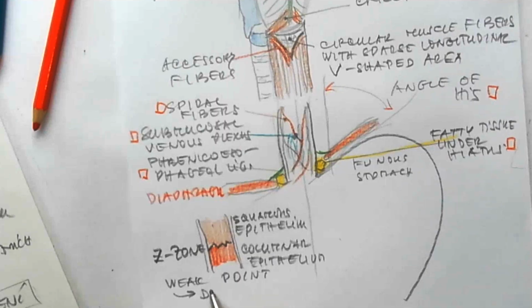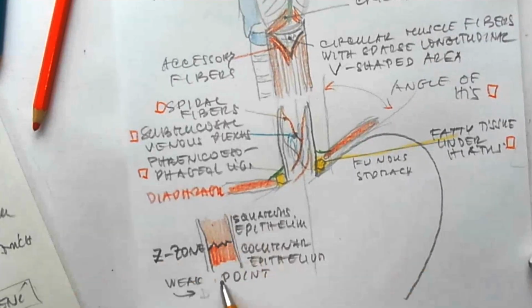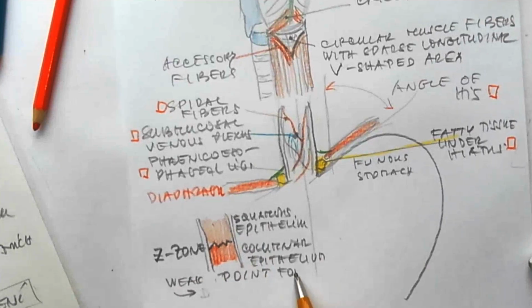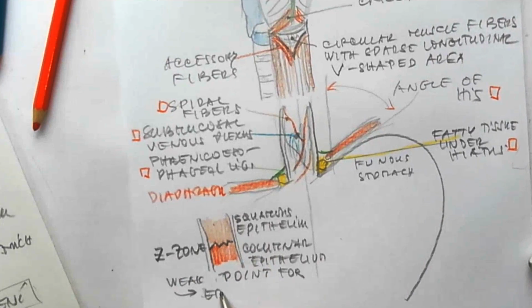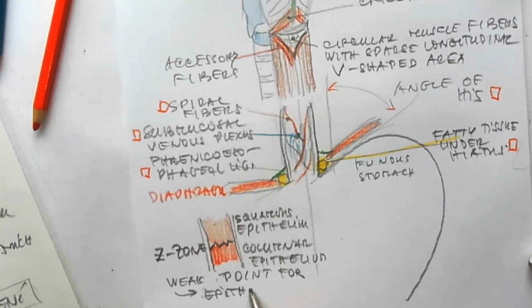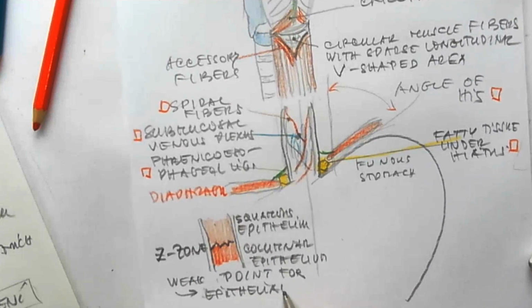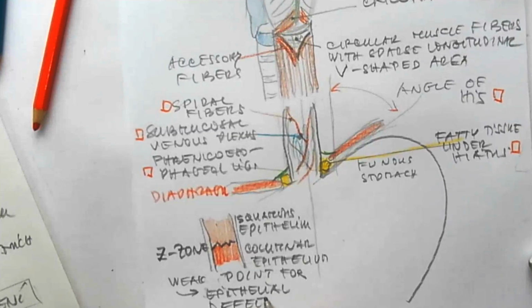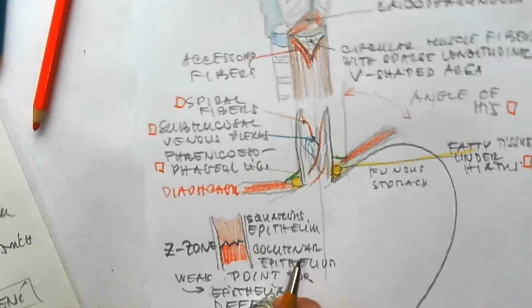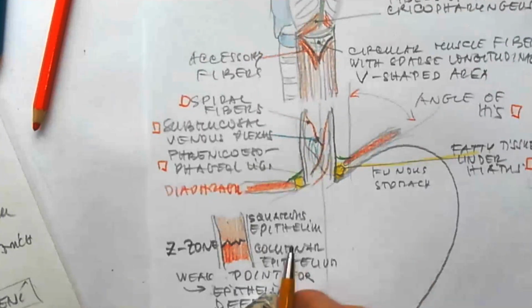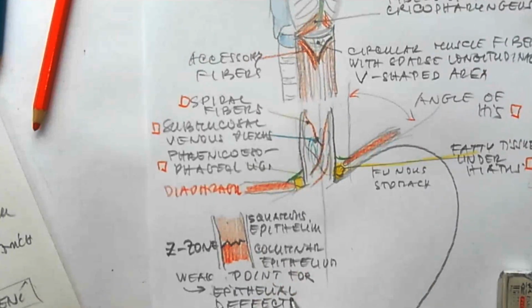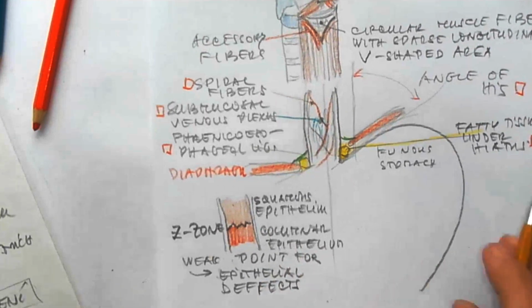Maybe better to say a weak point for epithelial defects, right? Epithelial defects. Fine. And what else?